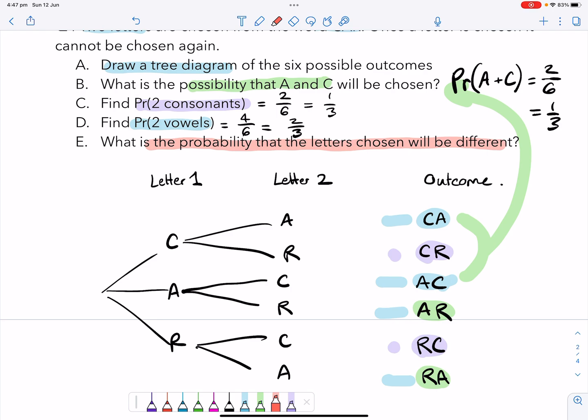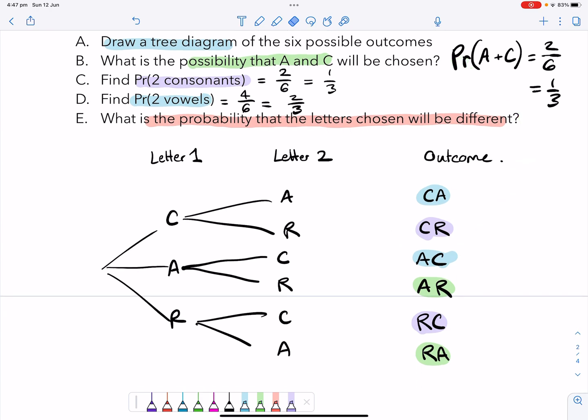Tricky one. I presume that the ordering of the letters won't matter. If they do matter, then we'll have 6 completely unique outcomes. But if they don't matter, that's not really an interesting answer. So I'm thinking that the order of the letters that have been drawn is not important in this question.